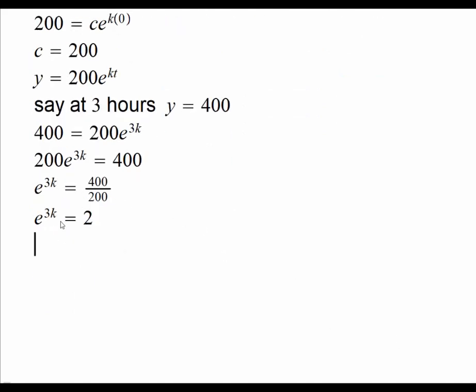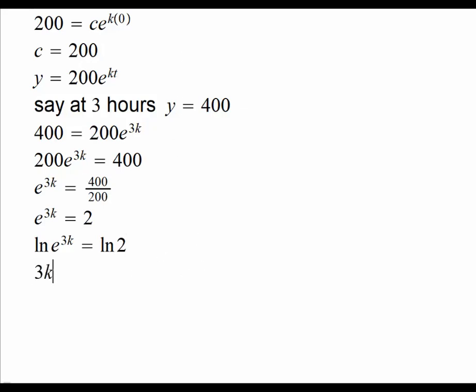If we would like to solve for k, k is sitting in the exponent, so who will pull it down for us? The natural log, because the power is on e here. So we get the natural log of e to the 3k is ln of 2.